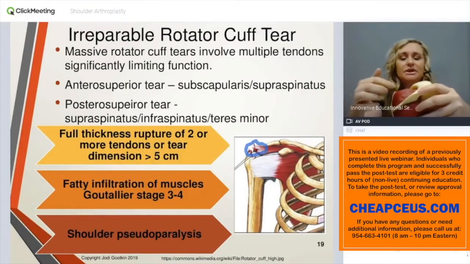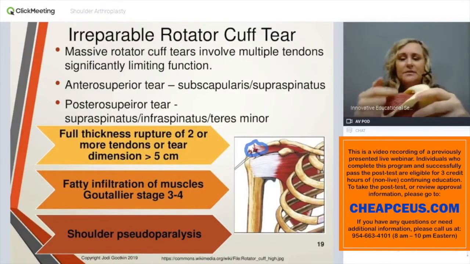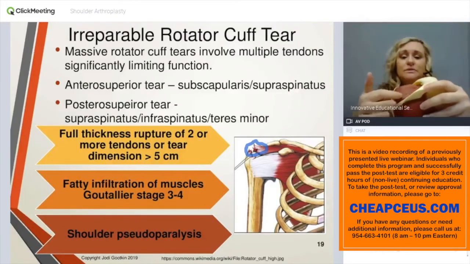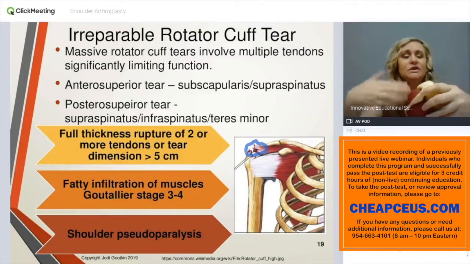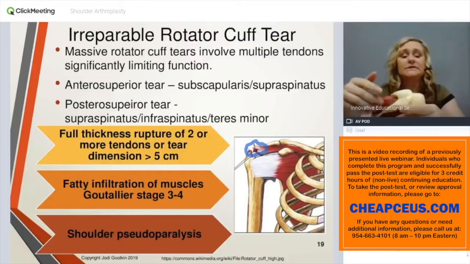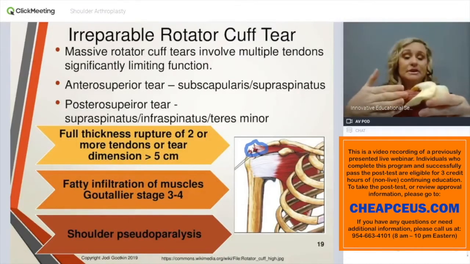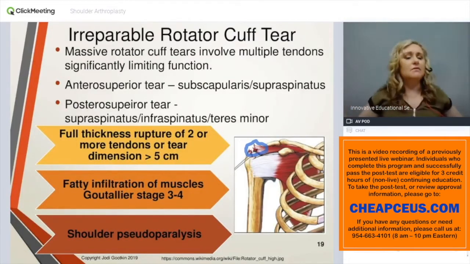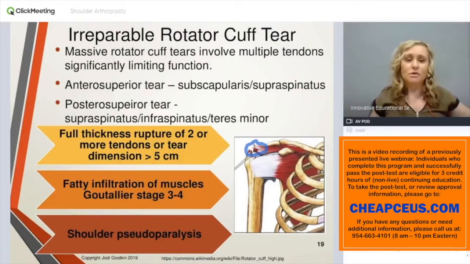What they're finding on imaging is that as the muscle fibers atrophy and it creates more spaces in here, fat starts to infiltrate the area. So that makes the muscle even less functional. So in some cases, even if they were able to repair the tear, because of the damage to the muscle itself, it may not really be functional to serve its roles.